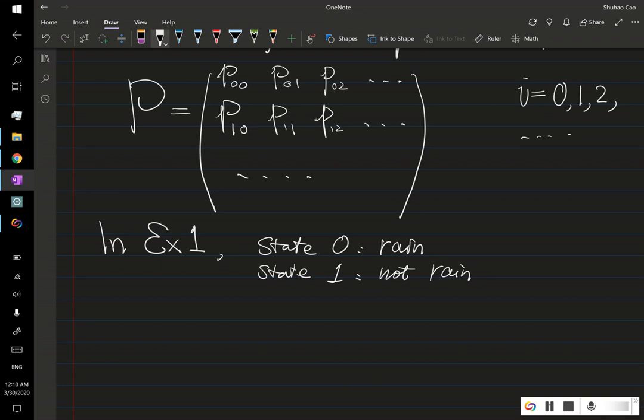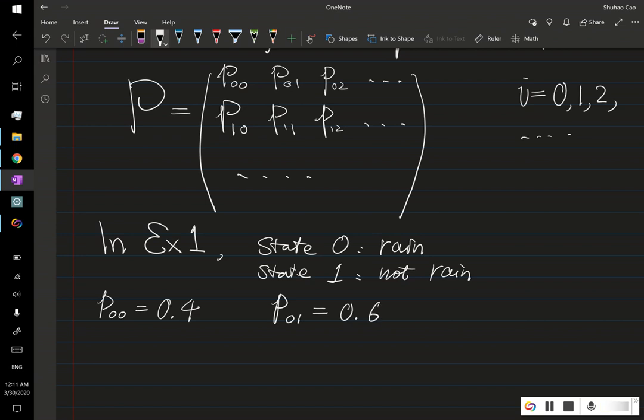And then P00 is, if it rains today, what's the probability that it rains tomorrow? It's 0.4 from earlier. And P01 is, today it rains and tomorrow it does not rain, so it's 0.6.